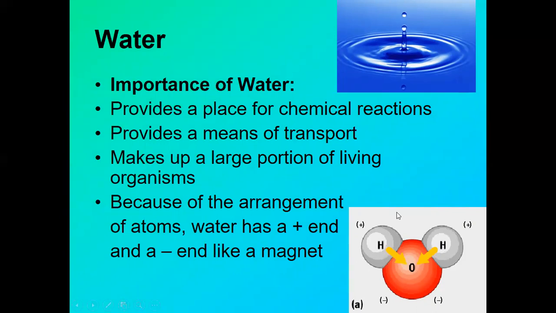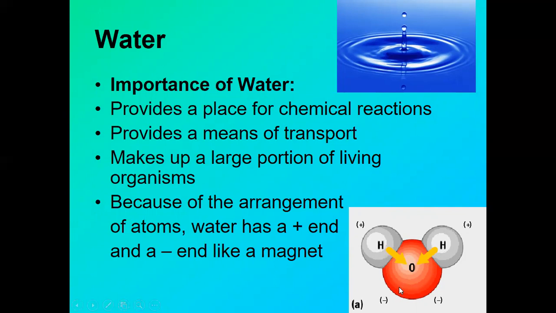This means that even though the whole molecule is neutral, portions of it are positive and portions of it are negative. The reason for this is that hydrogen is a tiny little atom, and it gets bullied a little bit by the oxygen. They form a covalent bond, but when they form a covalent bond, the hydrogen just gets custody of those electrons a little bit less often, so they're positive.